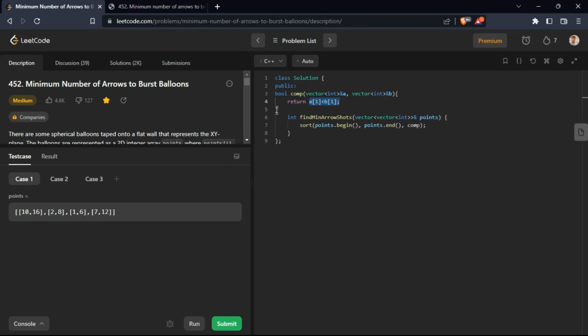It will check the ending point, and return the value which has been sorted, and sort the points vector on the basis of the ending point.